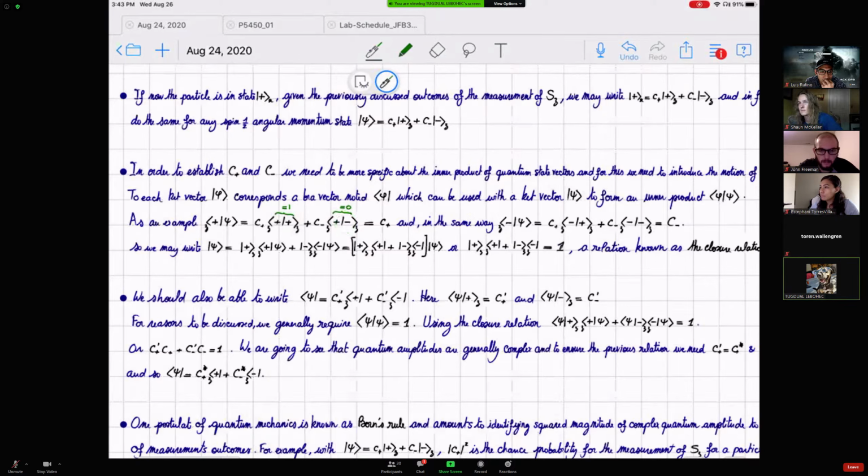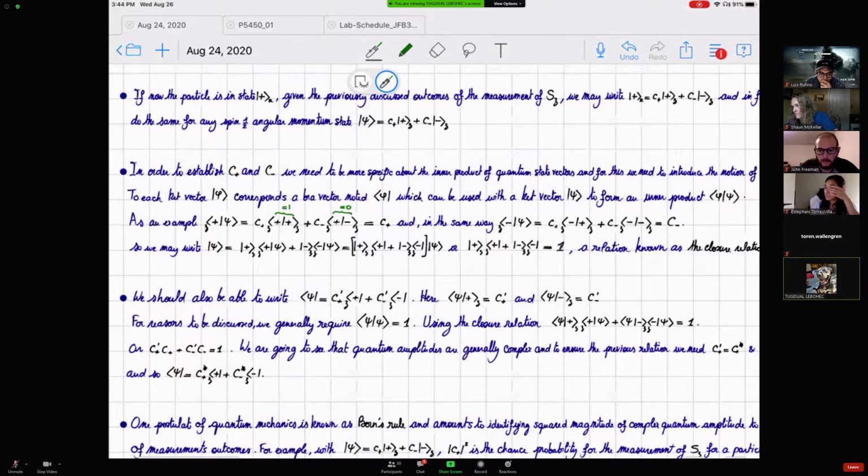And so the result of this inner product, dot product, is going to be just C plus. So it works exactly in the same way as with usual vectors. Okay? And of course, we could do the same thing with minus, multiplying psi by minus sub z, and through the same logic, we're going to obtain C minus. Okay?